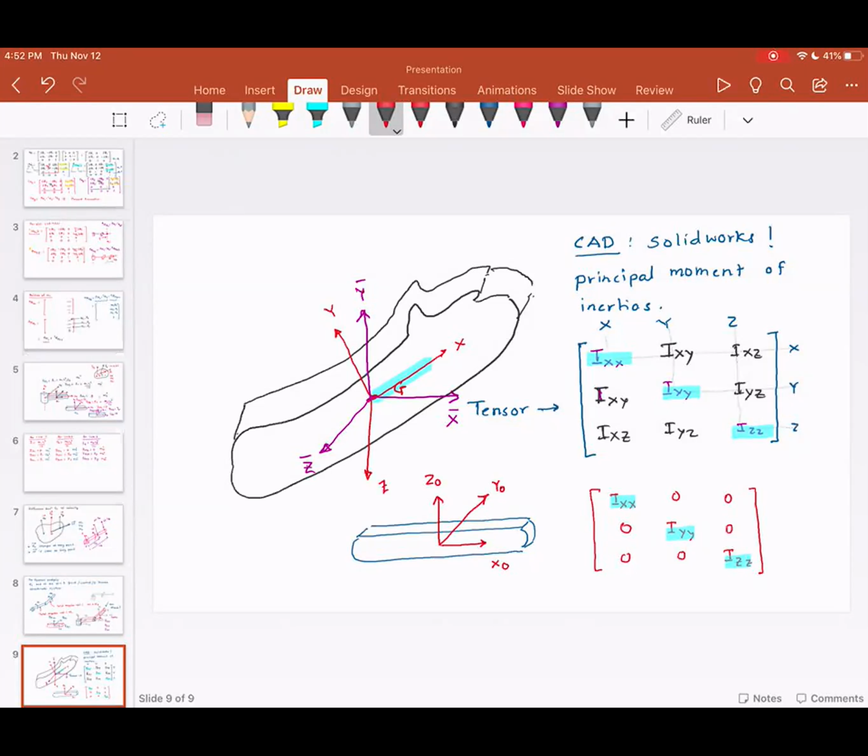This concept is slightly tricky, but as far as we are concerned, we are going to study regular bodies in Robotics 1. So we will look at slender rods or rectangular shapes or regular shapes. So we are going to have the principal moment of inertias, and our off-diagonal terms are going to be zeros.